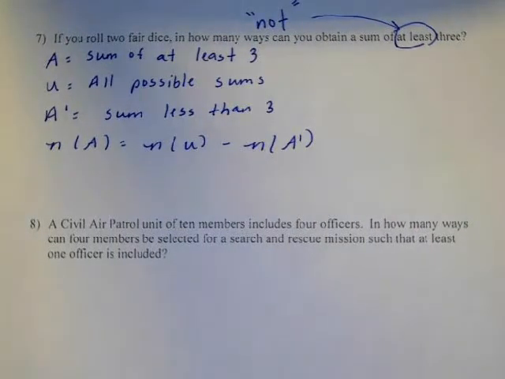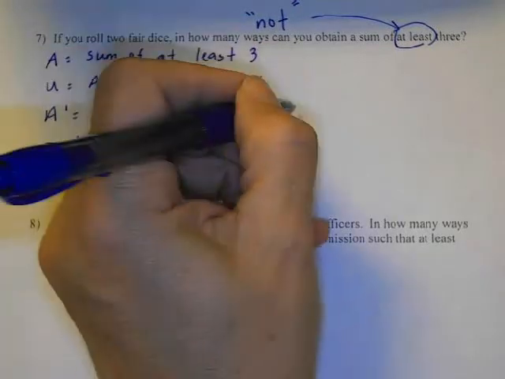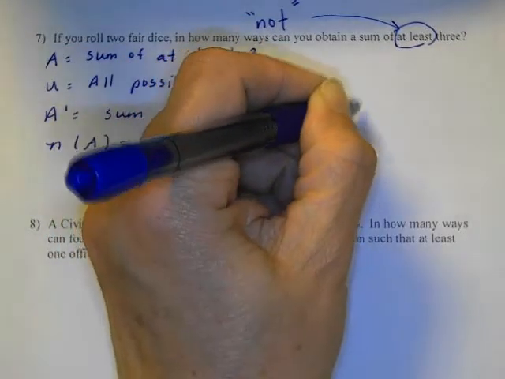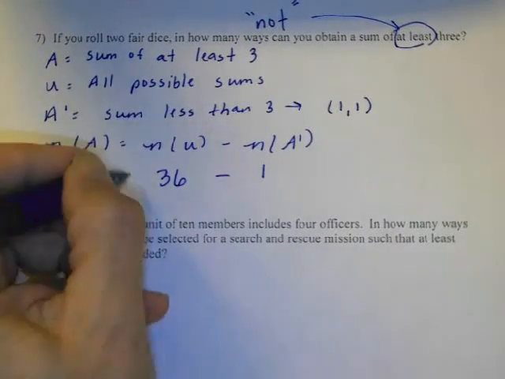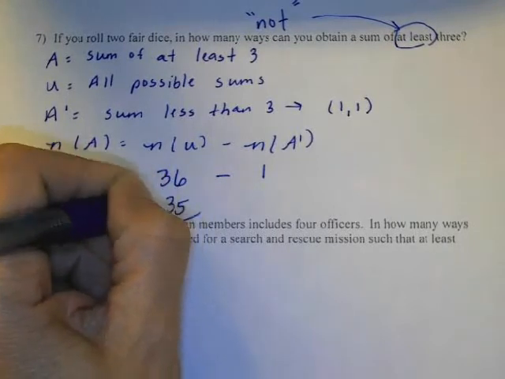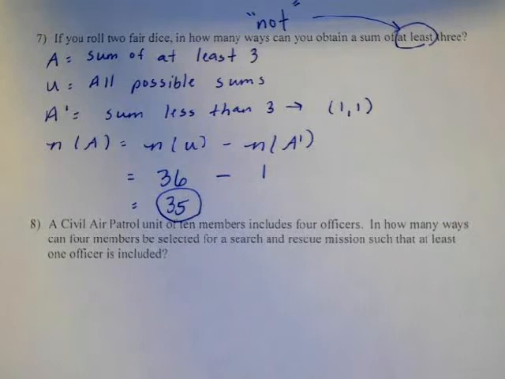If there are 6 numbers on one die and 6 on another, my product table from earlier in Chapter 10 tells me there are 36 total possible sums, minus, how many ways can I get a sum less than 3? The only way is to roll snake eyes. 1 and 1 would be a sum of 2, so there's only one way. So my answer here is there are 35 sums that are at least 3.